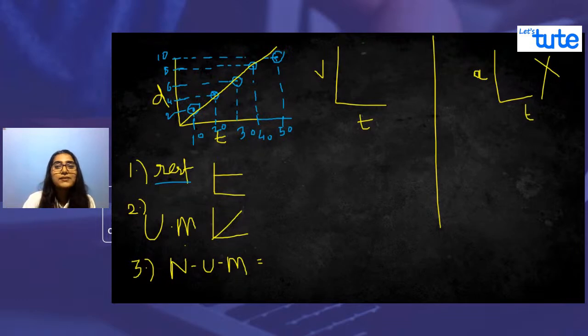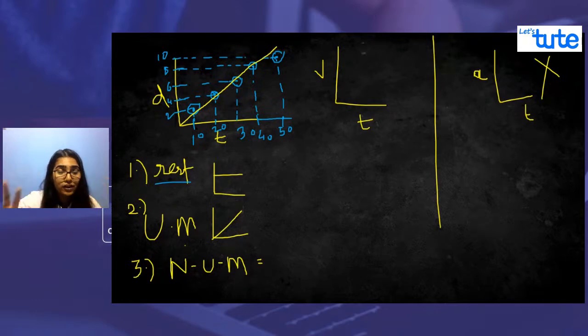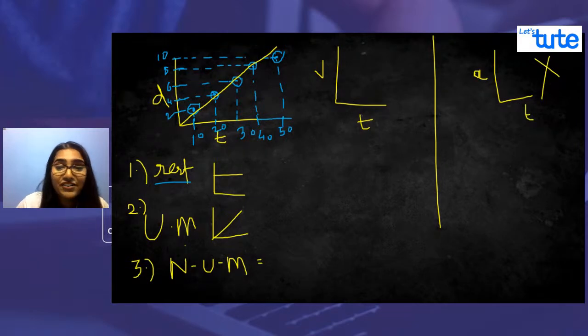And what happens if it's a non-uniform motion graph? Think about it. For a uniform motion, you're getting a linear line, a straight line. What will it be for a non-uniform motion? Okay, I'll give you the hint. For a non-uniform motion, that means the body is not covering equal distance in equal interval of time.